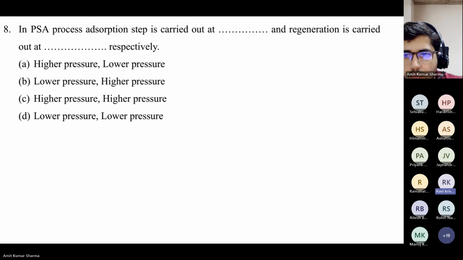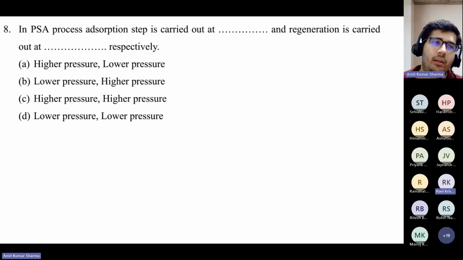Basically, it requires higher pressure for adsorption of the particular component. The regeneration is the recovery unit, where that much pressure is not required. So the molecular sieve can regenerate and come back to its original form, so again it can be used.